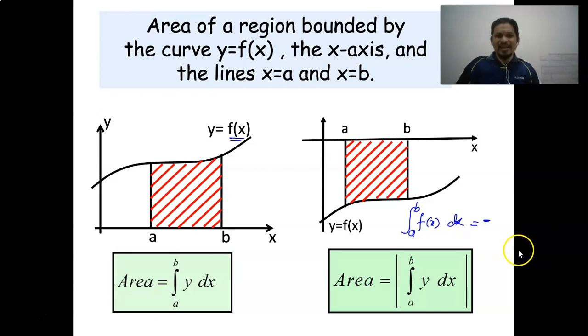Can you imagine a negative area? It's not a negative area; the negative shows the direction or location of the area, which is below the x-axis, where area must always be positive. So the negative doesn't show the size of the area but a position below the x-axis. That's why we come up with the sign of absolute value.